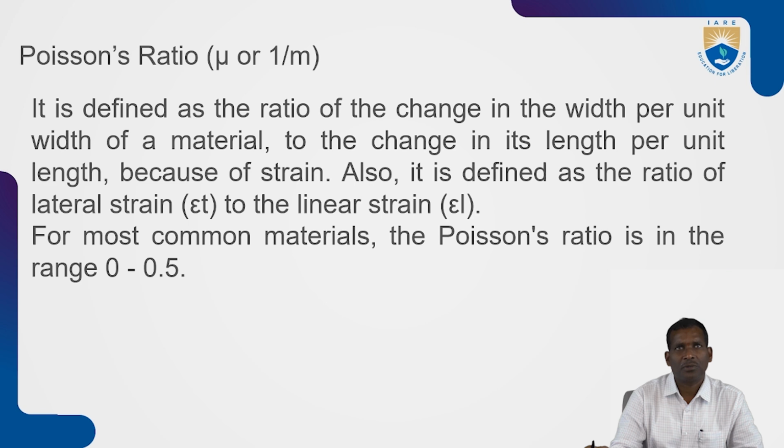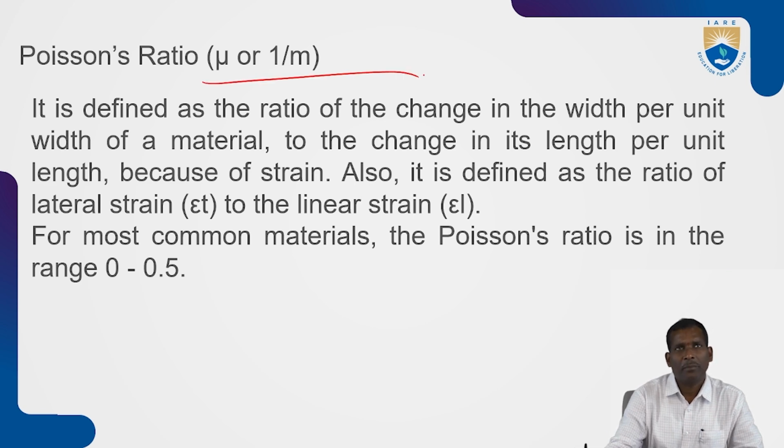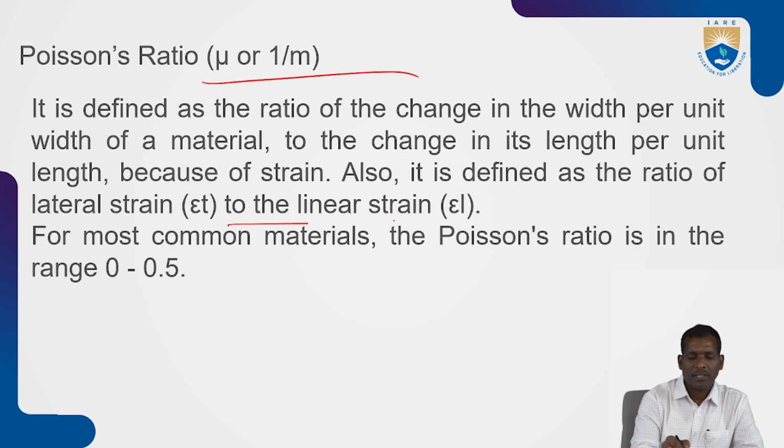Next, Poisson's ratio, that is mu or 1 by m. It is defined as the ratio of the change in the width per unit width of the material to the change in its length per unit length because of strain. Also, it is defined as the ratio of lateral strain to the linear strain.